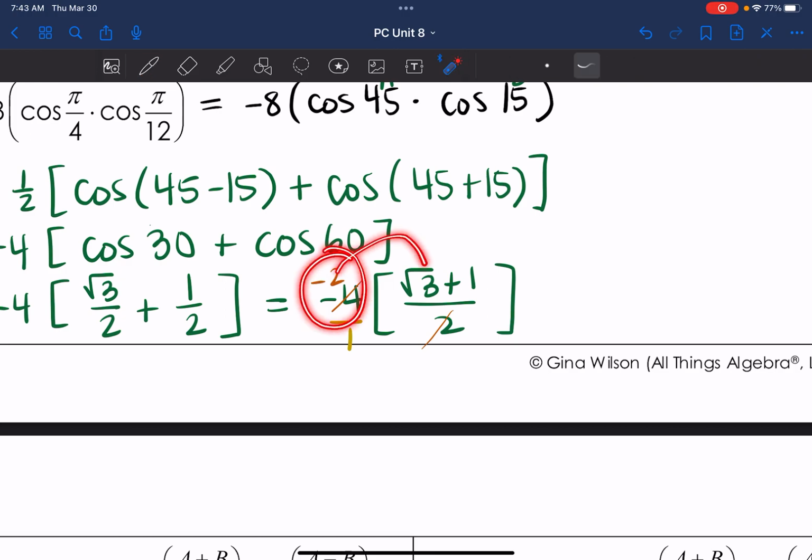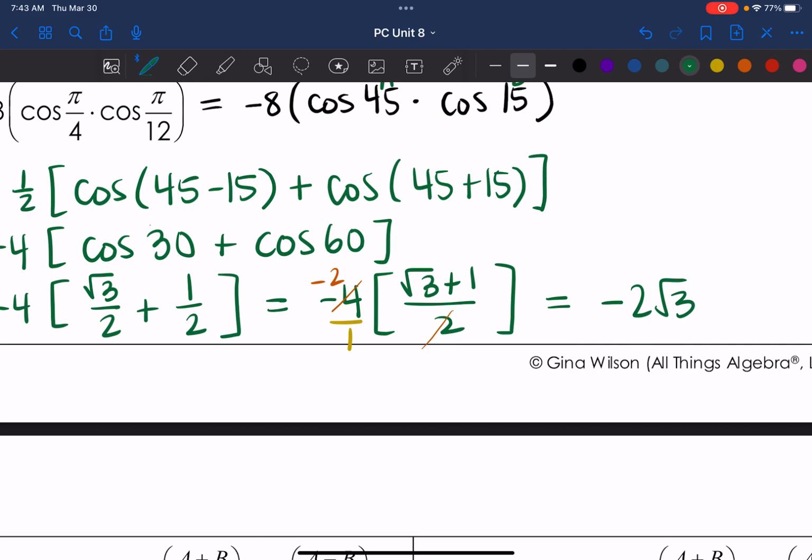Then multiply it in. So notice that the denominator is gone now, like we eliminated it. So we're only going to have a numerator. -2 times the square root of 3 is -2 square roots of 3. And then -2 times 1 is -2.